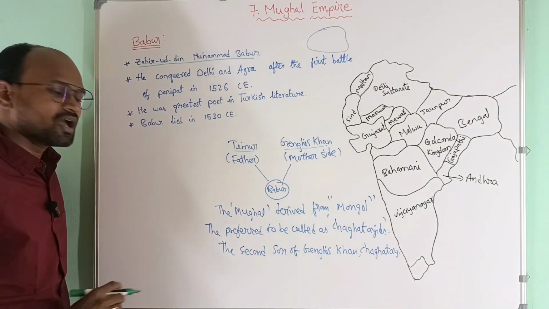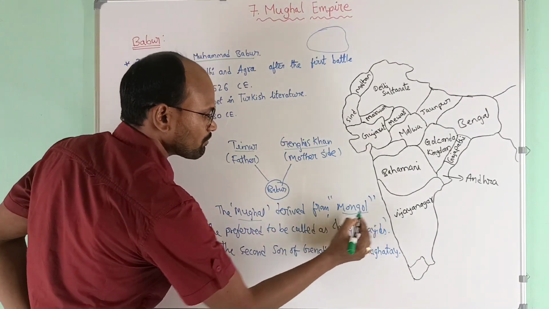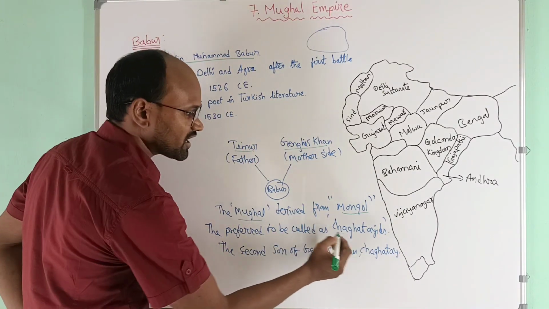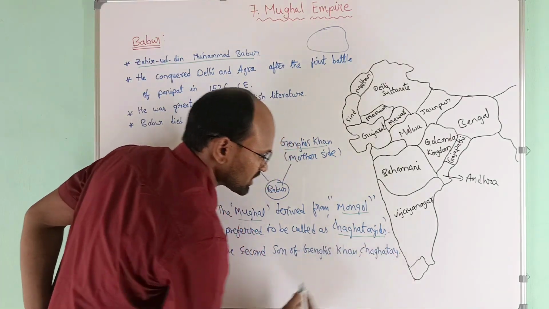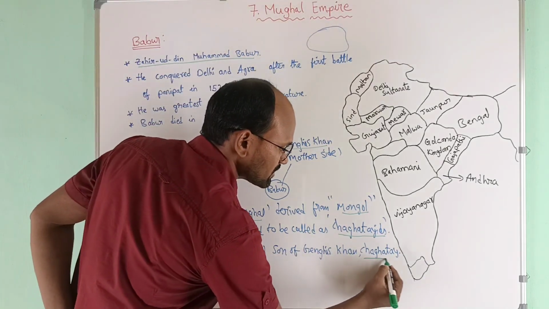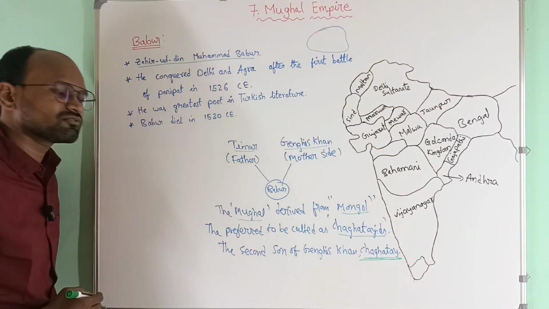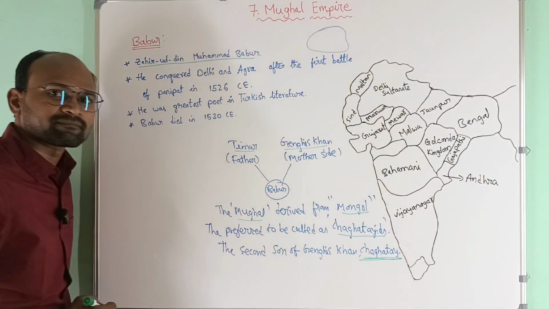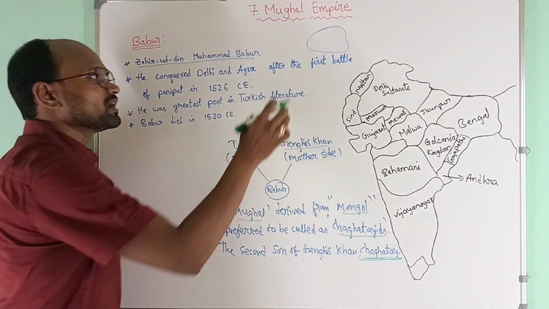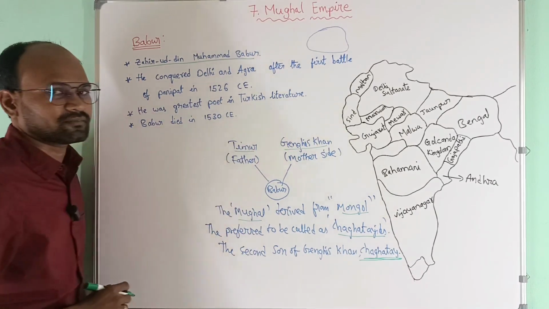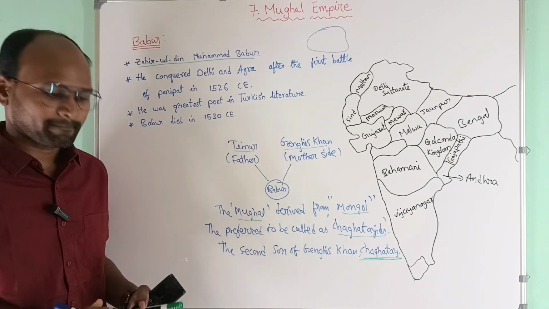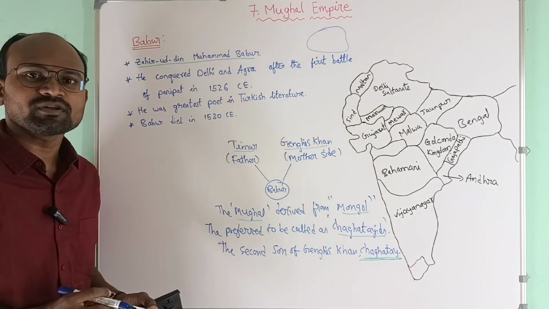The word Mughal is derived from Mongol, and they preferred to be called Chagatais, a word derived from the name of the second son of Genghis Khan, Chagatai. He was born in Central Asia, especially in the region of Uzbekistan. Now we understand who Babur is. His full name is Zahiruddin Muhammad Babur.